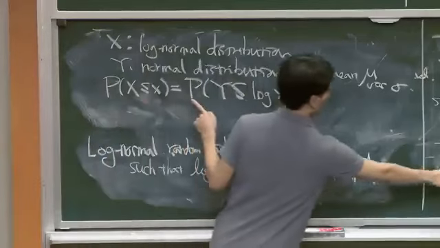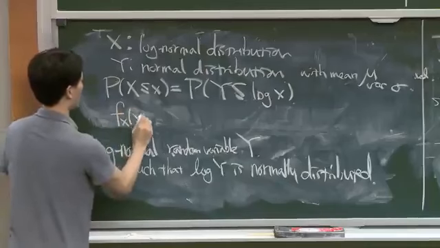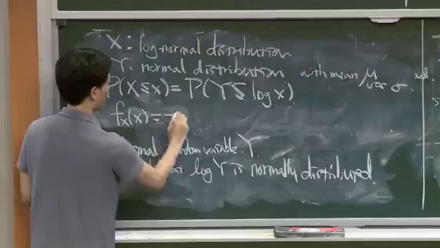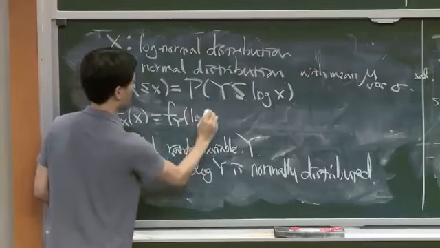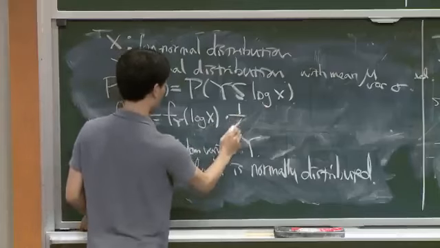Then by using the change of variable formula, the probability density function of X is equal to the probability density function of Y at log x times the derivative of log x, which is 1 over x.